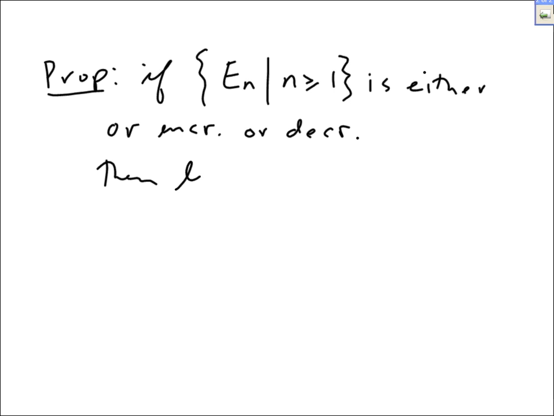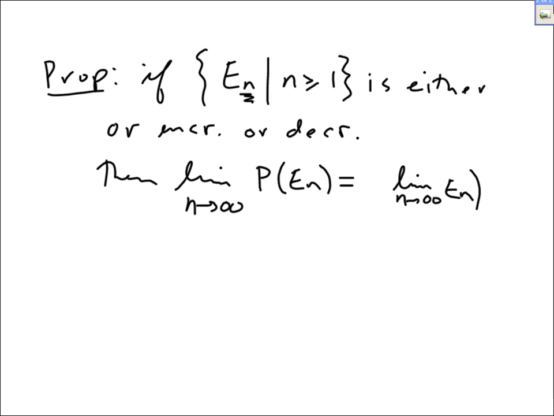Then it will follow that the limit as n approaches infinity, as the number of events gets more and more, of the probability of En will equal not the limit as n goes to infinity of En, but the probability of that.